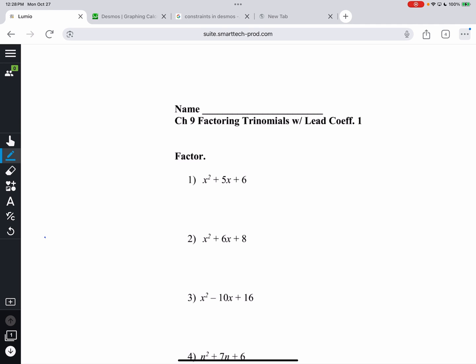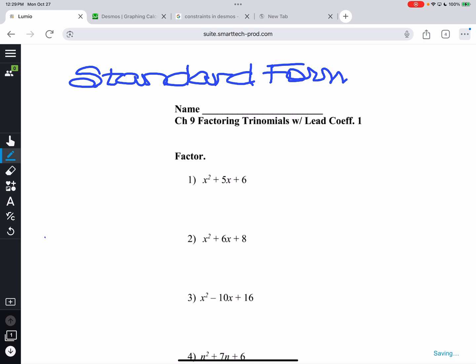All right, so standard form. You need to be sure before you start working any of them that you're in standard form, because if you have it mixed up, it's not going to work.